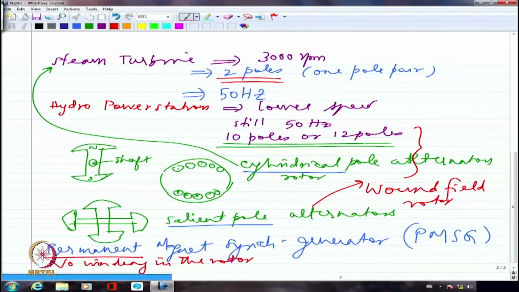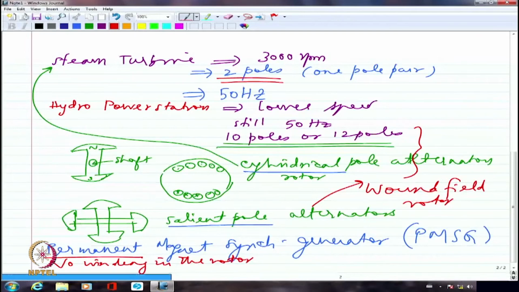Whereas in permanent magnet, I don't have to have the field winding. So I would call wound field rotor the common terminology for whether it is a salient or cylindrical pole rotor. Only thing is I'm going to make an electromagnet by injecting DC current. Whereas in a permanent magnet rotor, I don't have to inject any DC current. It is inherently magnetized because I'm going to use a natural magnet that is available in nature already.